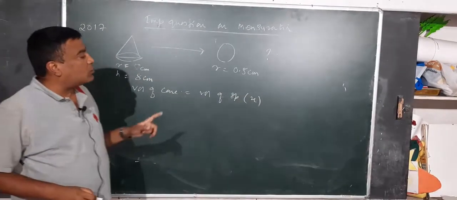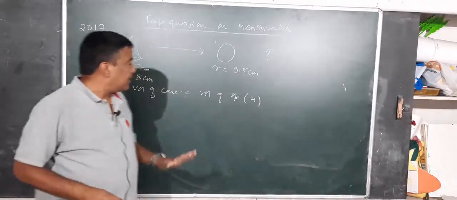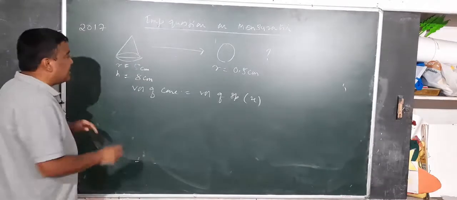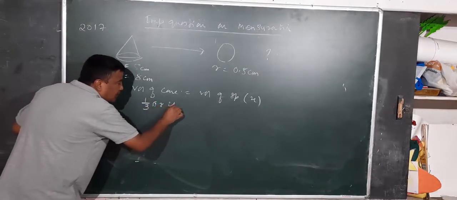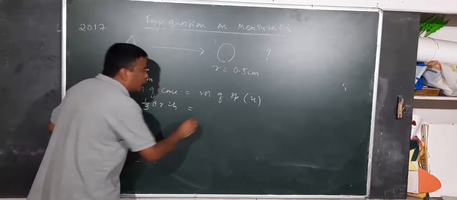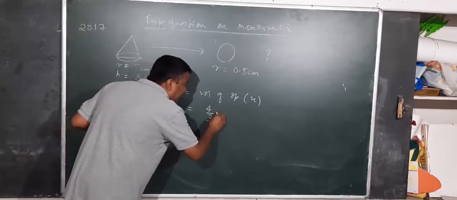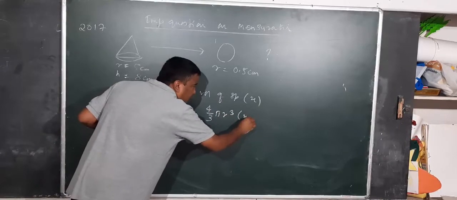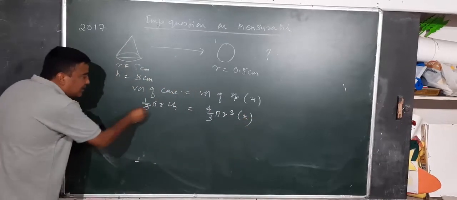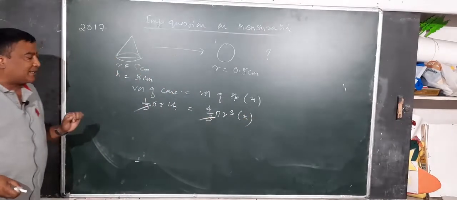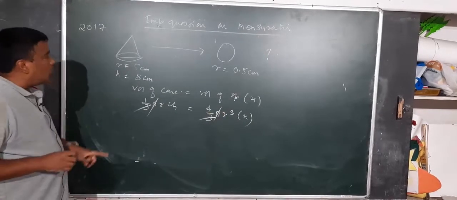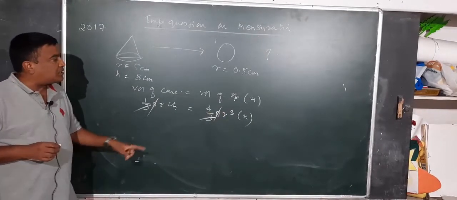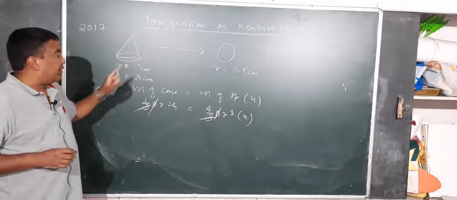Because you have to find out the number of spheres. After that, the formula 1 by 3 pi r square h equals the volume of sphere, 4 by 3 pi r cube into x. Here these 3 and these 3 will get cancelled. This pi and this pi will get cancelled. Now you cannot cancel the radius because both these values are different.